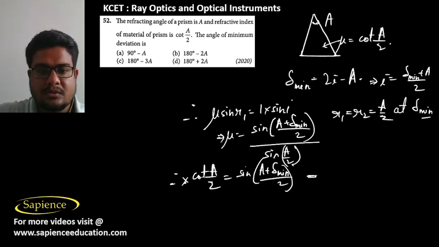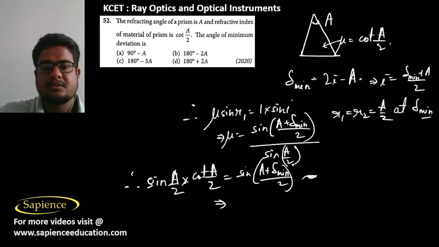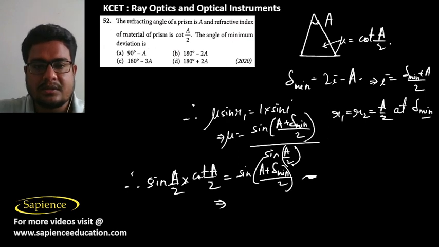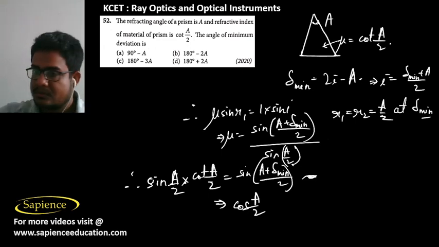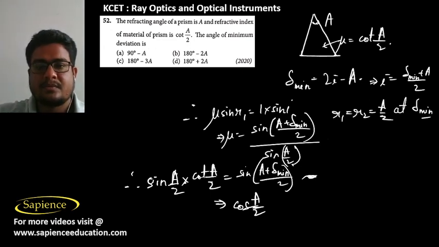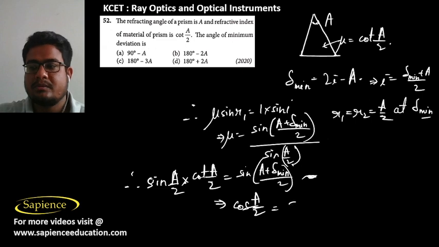So this into sine A by 2 implies cot A by 2 is cos A by 2 over sine A by 2. So this will be cos A by 2, that is equal to sine of A plus delta minimum by 2.